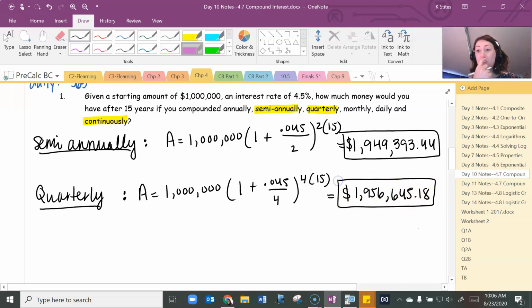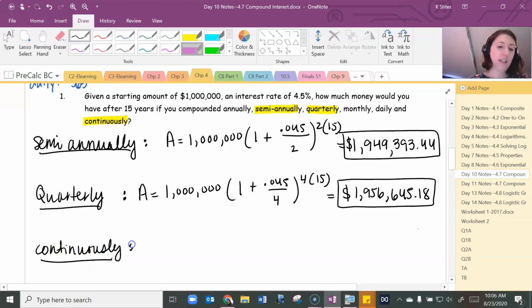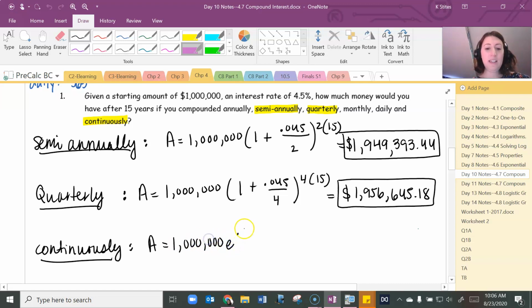Okay, now what's best for you is to be compounding continuously. All right, that's going to get all of the money that you can get. And it's faster to type in, right? Because we're using Pert for compounding continuously. So P e to the rt, so r is 0.045 and t is 15 years.